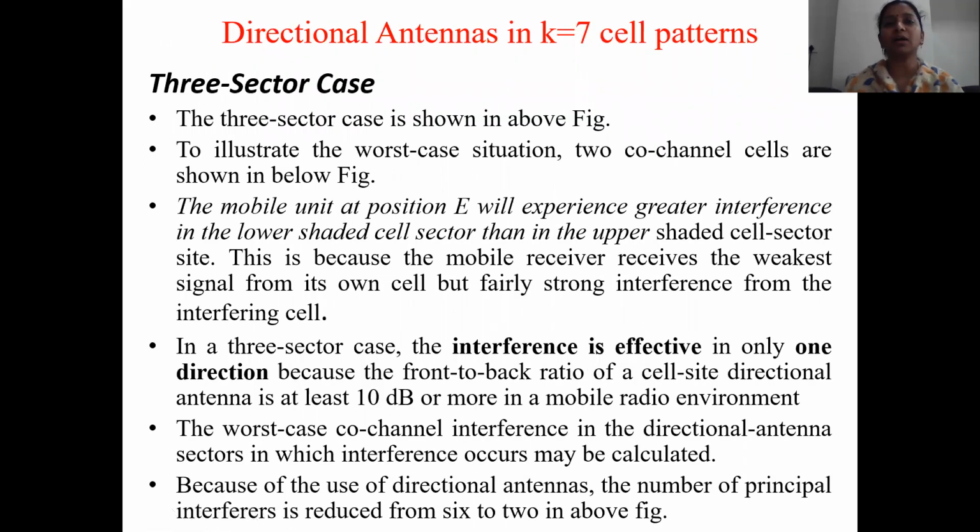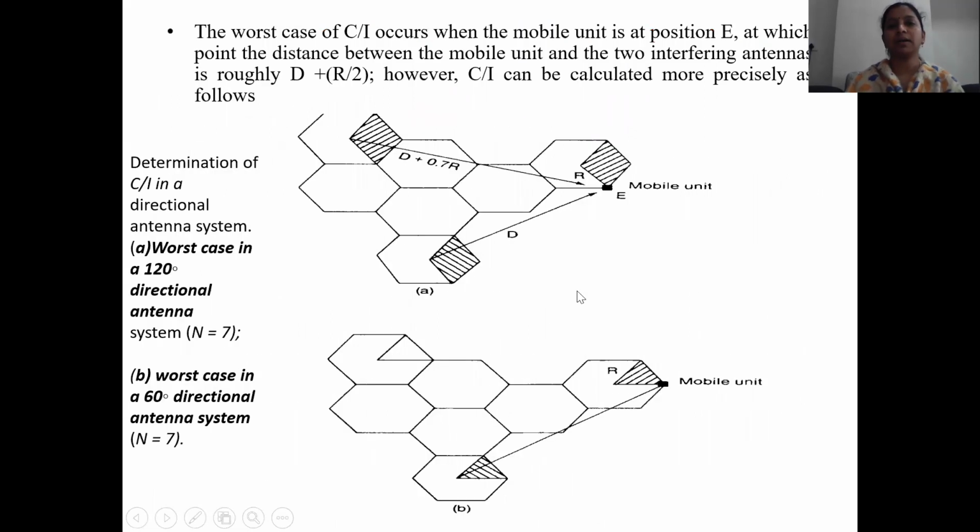We will see how we can design a directional antenna for the K equal to 7 cell pattern for both the 3 sector case and the 6 sector case. The 3 sector case means 100 degree directional antennas; the 6 sector case means 60 degree directional antennas. Here you can see the worst case situation for the mobile unit, at position E. The 2 co-channel cells will come into interference.